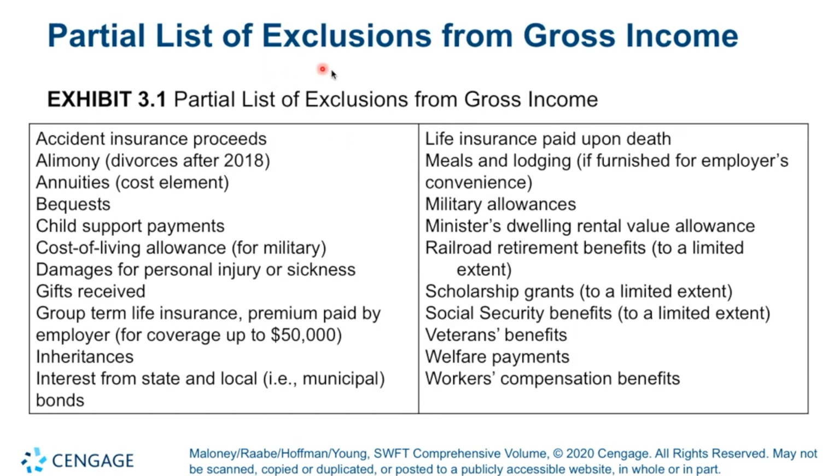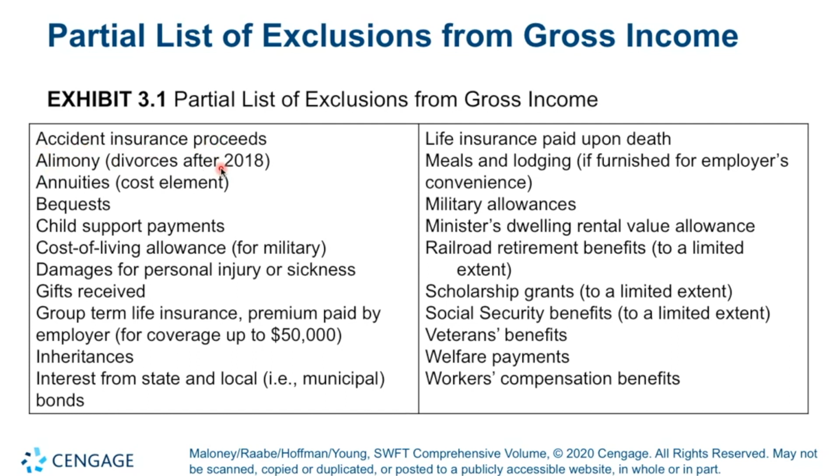So when it comes to things that are specifically excluded from gross income, we have a list of things. Accident insurance proceeds. That's because you pay insurance on your vehicle, and when you pay for insurance, any payouts you get are not taxable. Alimony.